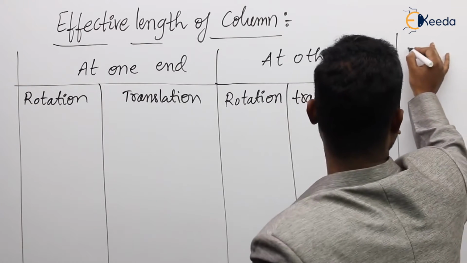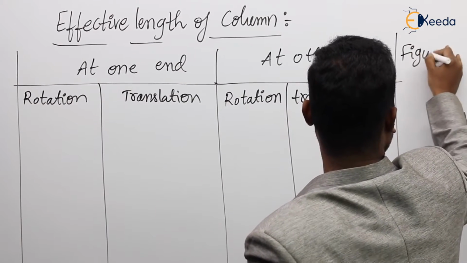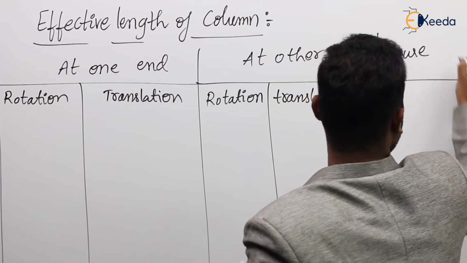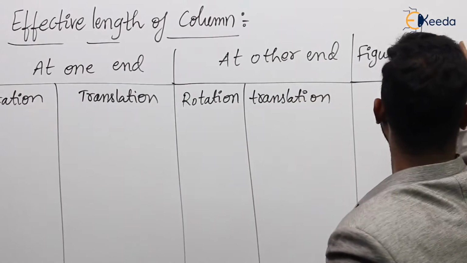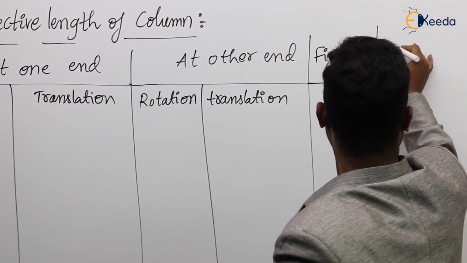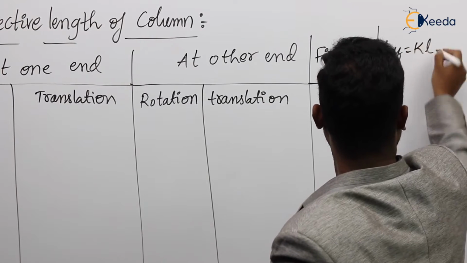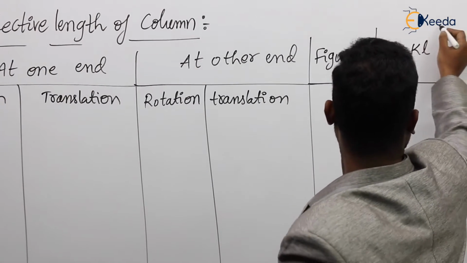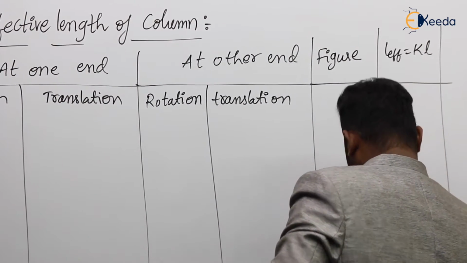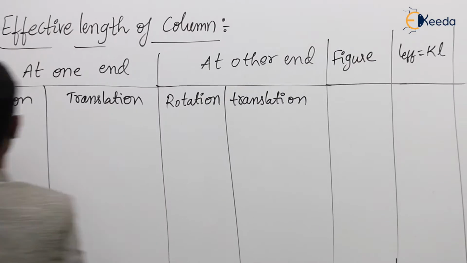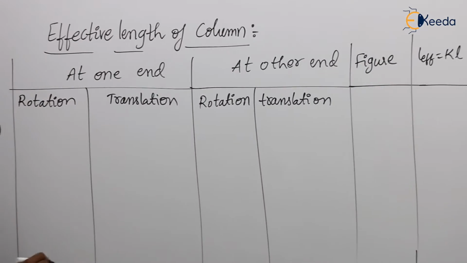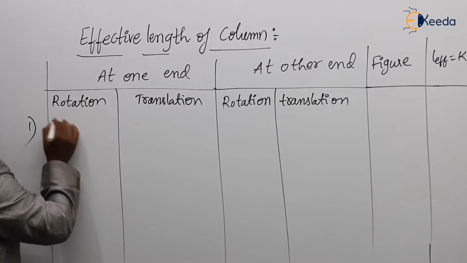So now here the diagram, and in this column, L effective or KL. First, let us take one end.